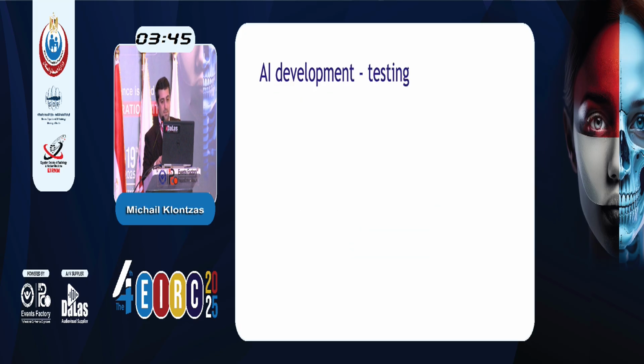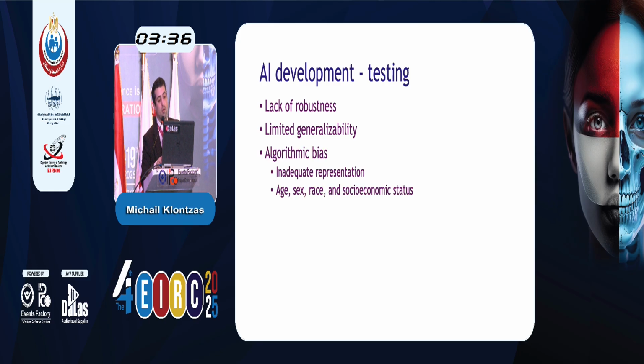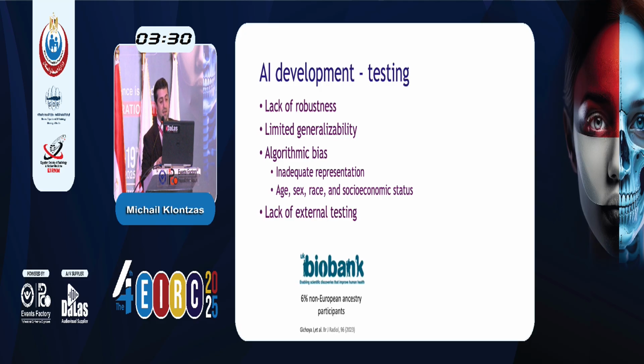When you test them, you need to make sure that you have robust results, but in many cases you have limited generalizability. You have algorithmic bias that has to do with representation problems of the population, lack of external testing. And to give you some very important examples, you see that in the UK Biobank, which is an extremely good data set, you have only 6% of non-European ancestry participants.